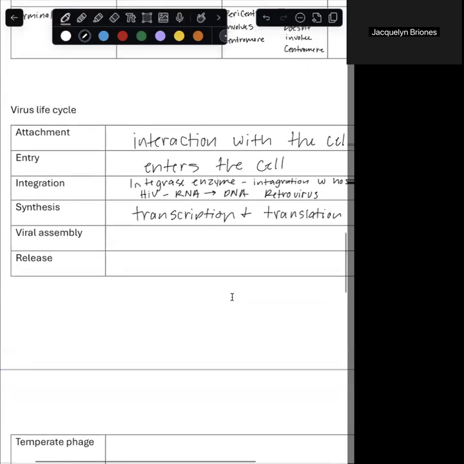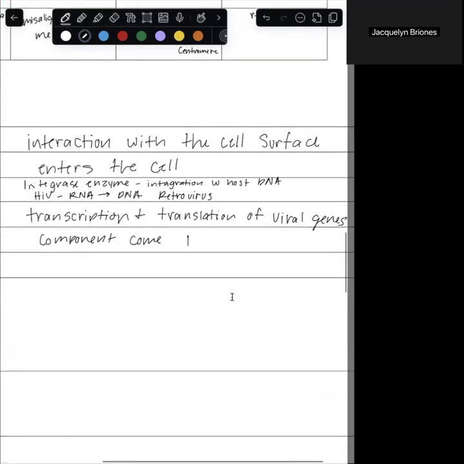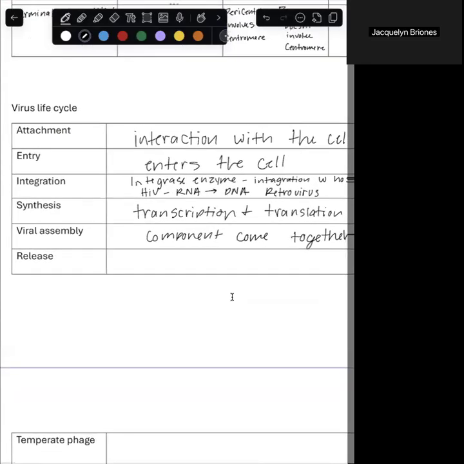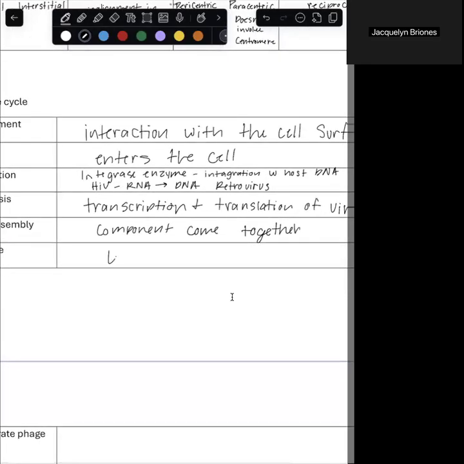Okay, viral assembly, this is where it's starting to put stuff together. Okay, and then we have the release. This is the lysis of the cell.